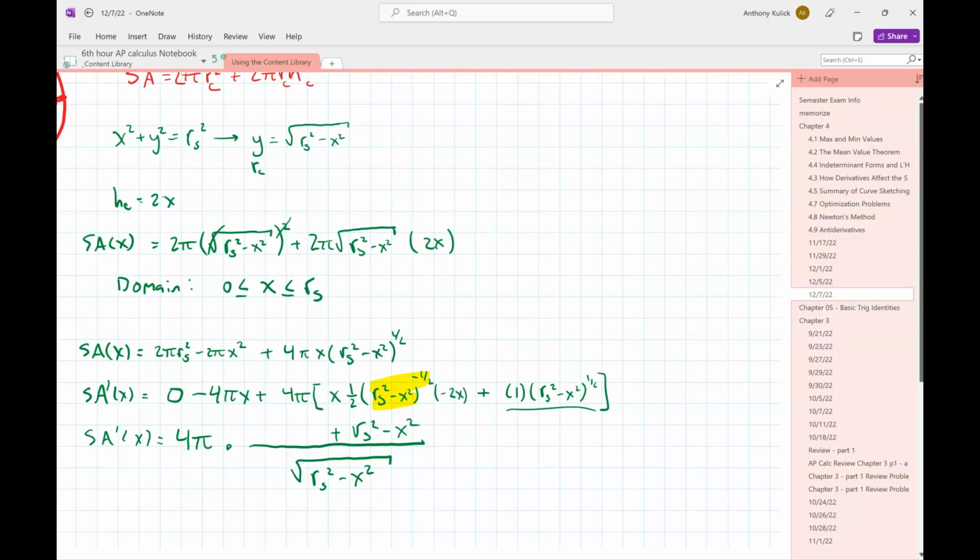And then I have the 1/2 and the 2 are going to cancel each other out. So I just have x times negative x. So negative x squared. And then I got to multiply this piece by the square root of r squared minus x squared. Now the 4 pi is already over here.